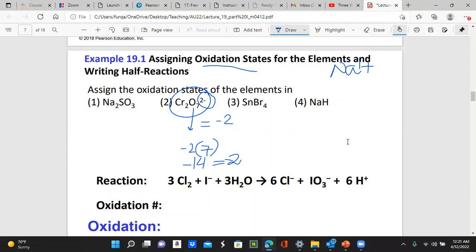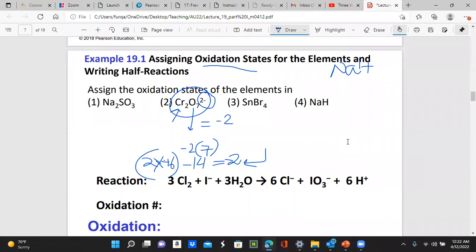So it means that we have 2 chromiums there. We need 12 here, right? 12 means 2 times 6. 2 times +6 for each chromium. That will make it +12, and that will end up at -2. So each chromium here is +6 oxidation state.